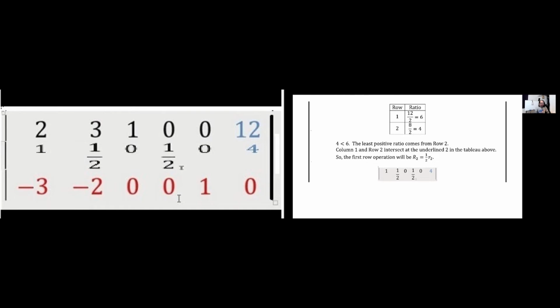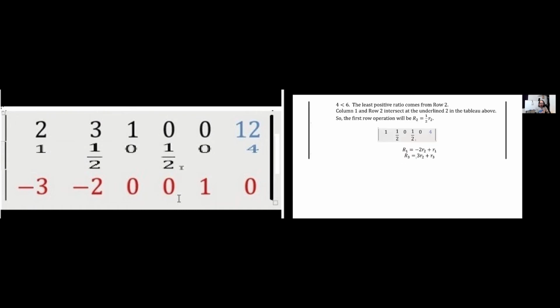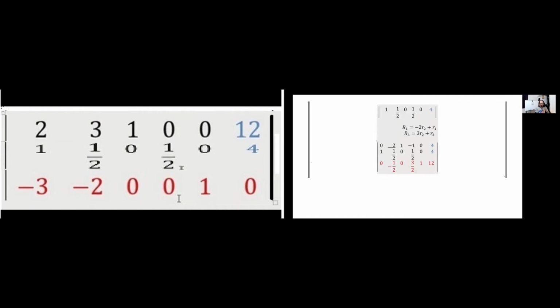And now that we have a 1 for the pivot element, we're going to use that to affect the changes in the rest of the column and turn that pivot column into a unit column. So these are the two other row operations we will perform. Here's what we get.